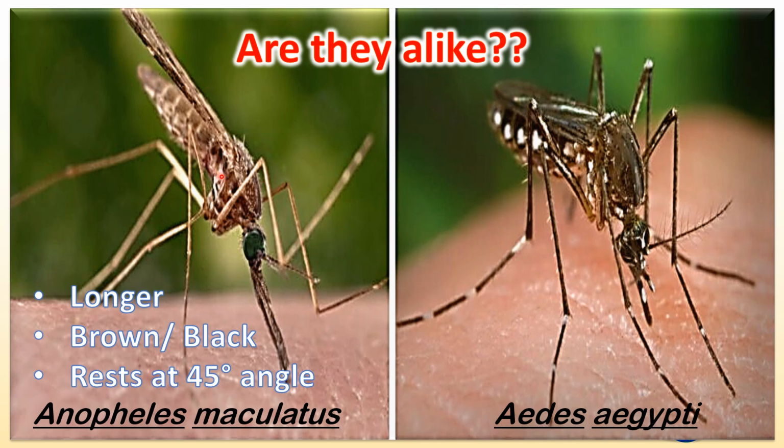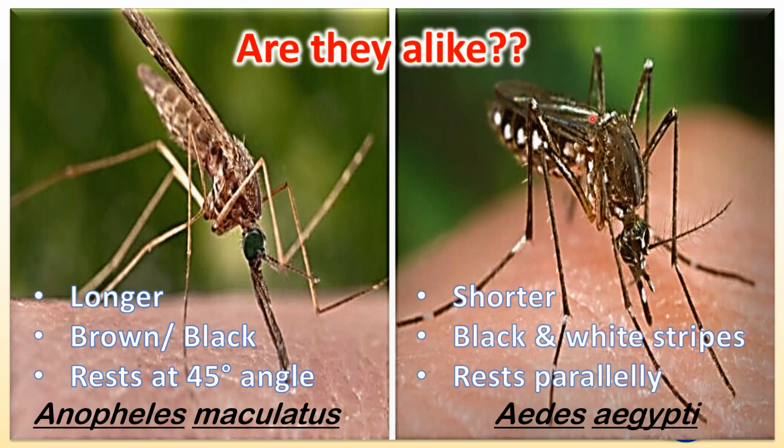But what's most clear about them is that when they land on our skin, their abdomen is positioned at an angle of 45 degrees. In contrast, the Aedes mosquitoes are shorter in length, and you can clearly see the black and white stripes both on their abdomen as well as their legs. And what's interesting is that when they land on our skin, their abdomen actually rests parallelly.